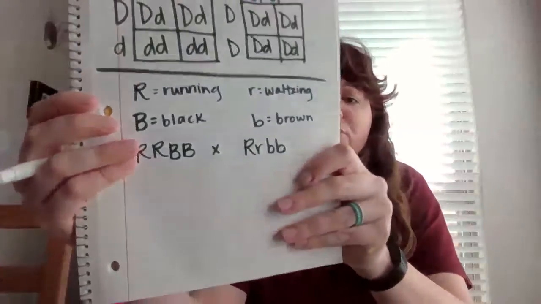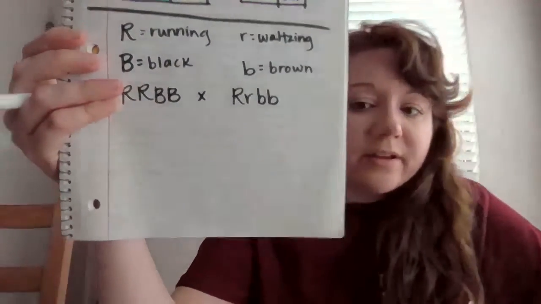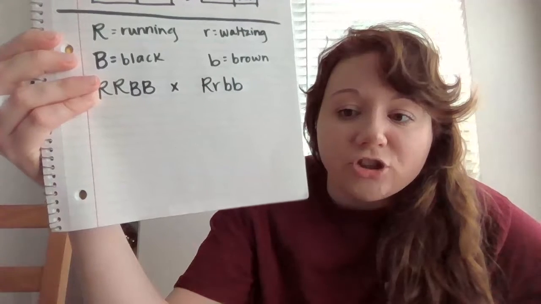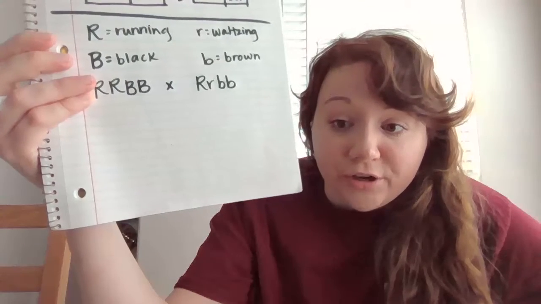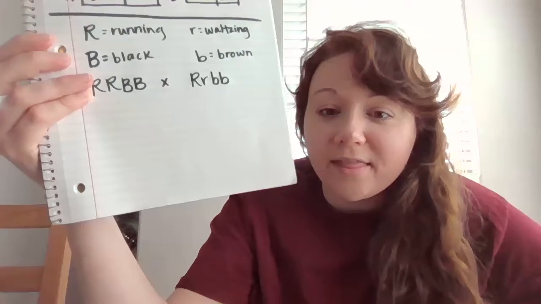We are crossing that with a heterozygous running, so capital R, lowercase r, and a brown mouse. Okay, so those are the 2 parents. So now we have to find the genotypic and phenotypic ratios of their offspring. So now we're going to draw a 16 box Punnett square.